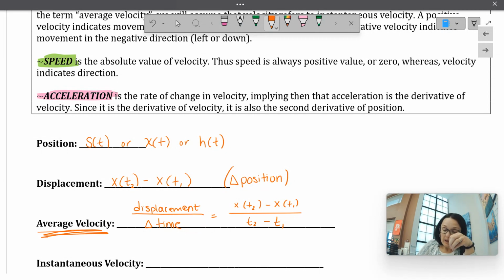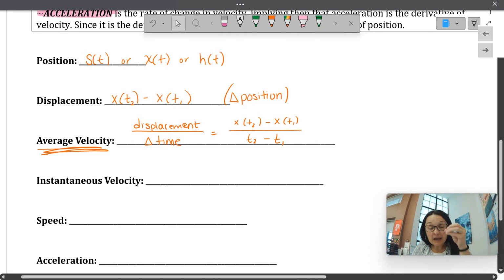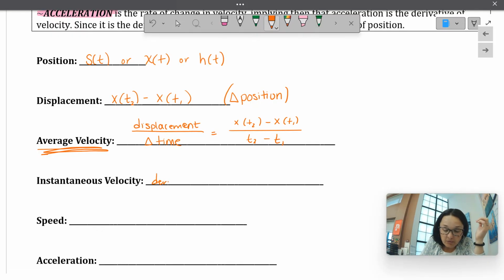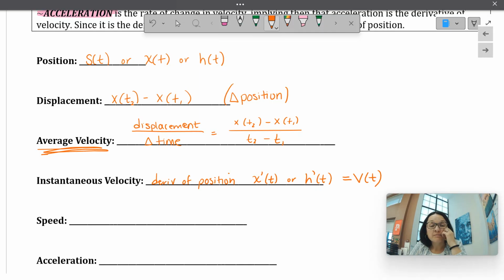Okay? Now, when we get to instantaneous velocity, here's where the calculus comes. Instantaneous velocity is going to be the derivative of position. So instantaneous velocity is going to be like X prime of t, or H prime of t, and we usually call it V of t. Okay?